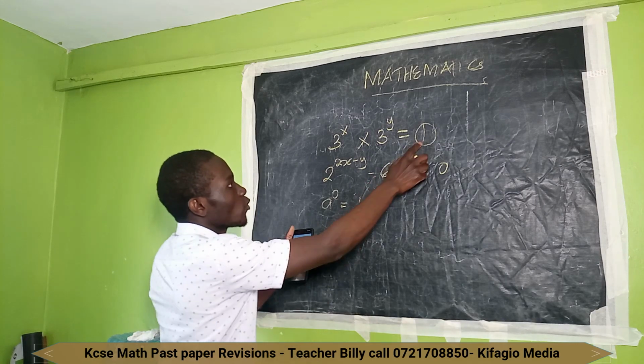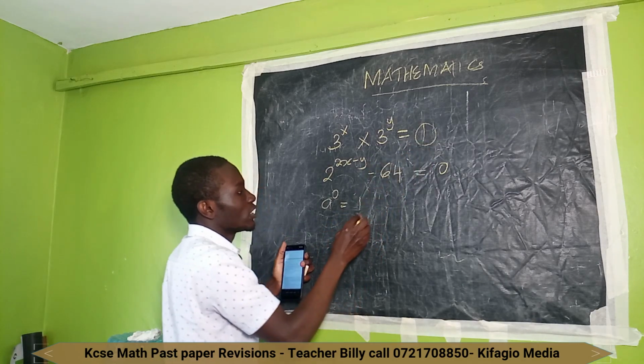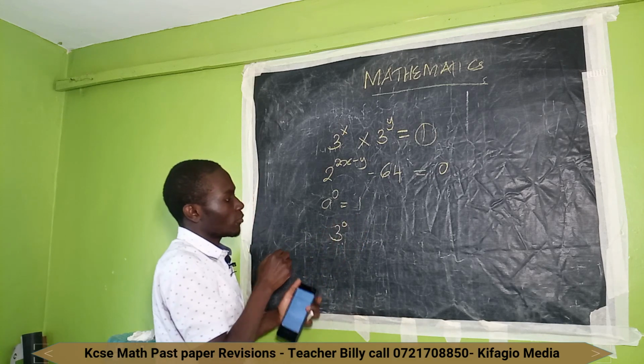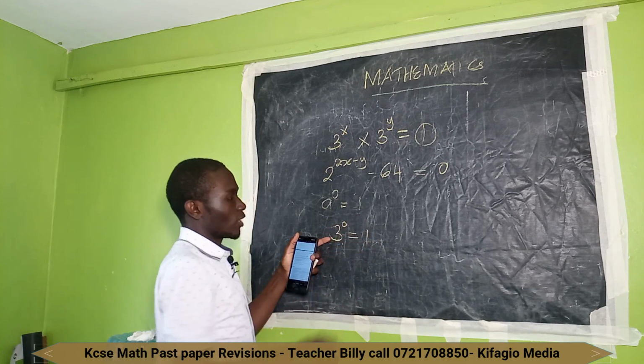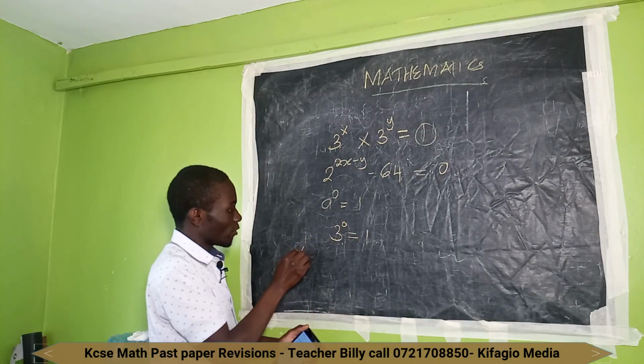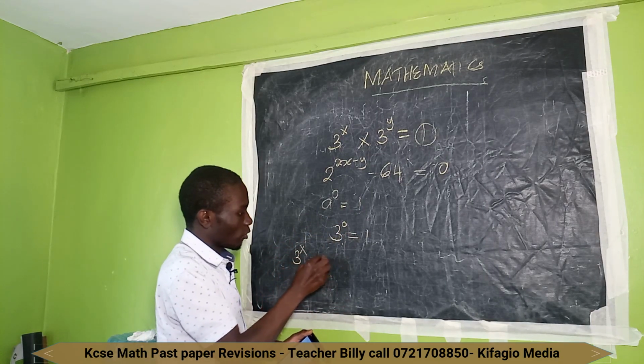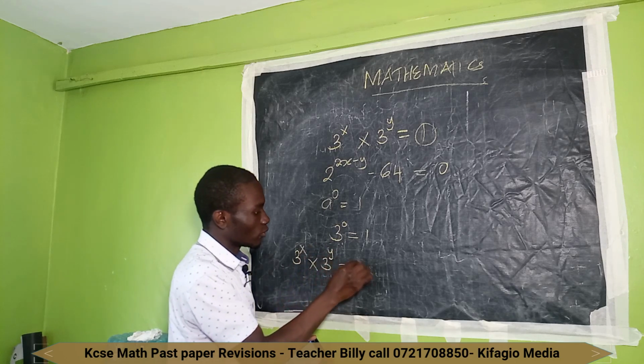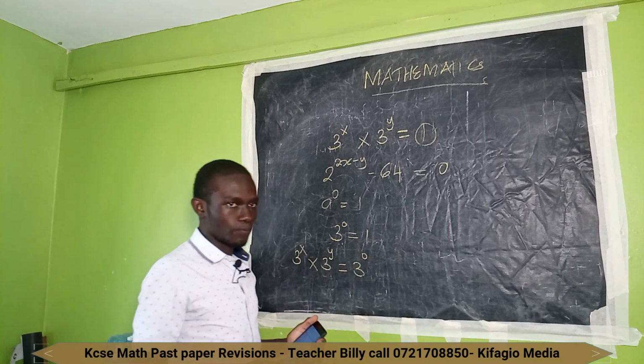Therefore this 1 can be equated to 3 raised to power 0. So we write 3 power x multiplied by 3 power y is equal to 3 raised to power 0.